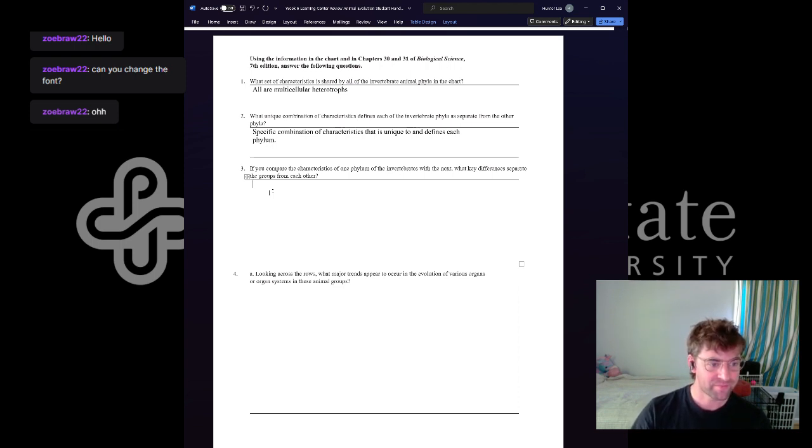So, for example, annelids differ from nematodes in that annelids have both longitudinal and circular muscles and a schizocoelom, whereas nematodes have only longitudinal muscles and a pseudocoelom. In all other respects, at least those listed in the chart, the two phyla are very similar.